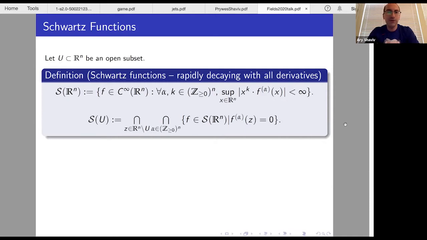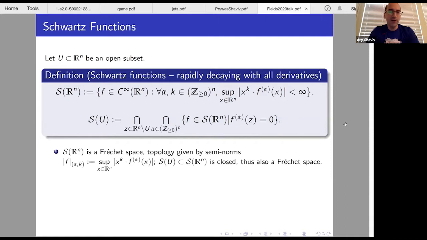So this will be the space of Schwartz functions on U, and this will be the basic object we will study today.